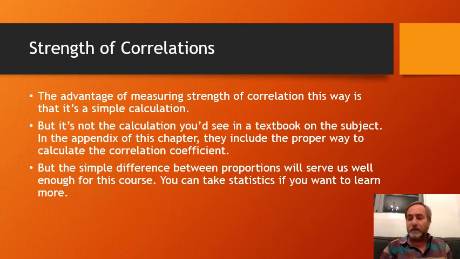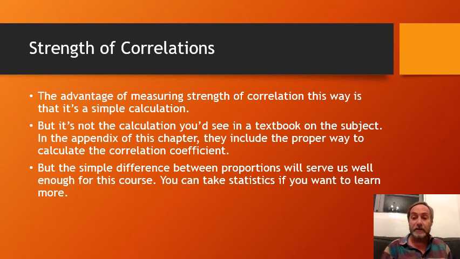We'll get more into this. We'll see more examples and we'll be calculating strengths of correlations, but that's a preview. And hopefully, if you were worried about the mathiness of this, that's it, right? You're subtracting. Fairly simple. The math is not going to get any harder than what you've just seen, to be honest. The advantage of that is it's very simple. It is not the calculation you'd see in a textbook on the subject.